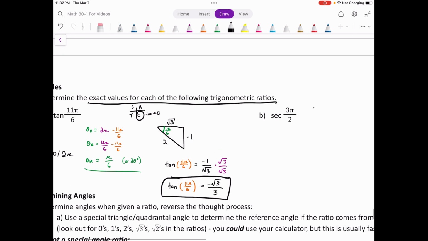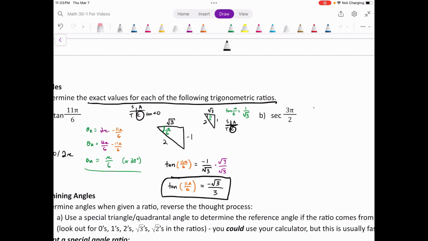Again, we could have said, let's not worry about the negatives just now. Let's just figure out what tan of 30, or tan of pi over 6, is. Just quickly, I'll show you what I mean. We could have just said tan of pi over 6 is 1 over root 3. But we're not thinking about pi over 6. We're thinking about 11 pi over 6, which is really in the fourth quadrant. We'll have the same size ratio, but might have a different sign.